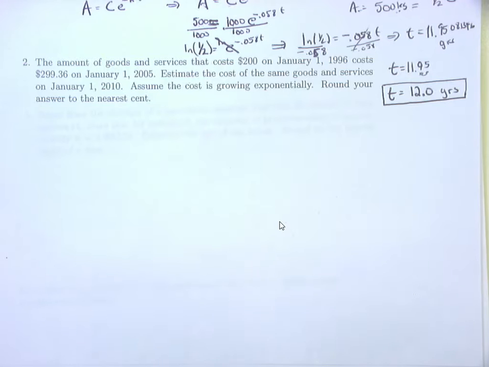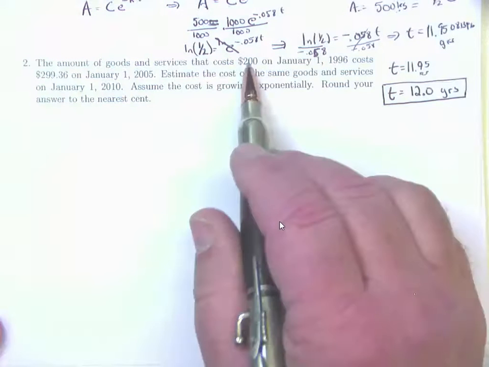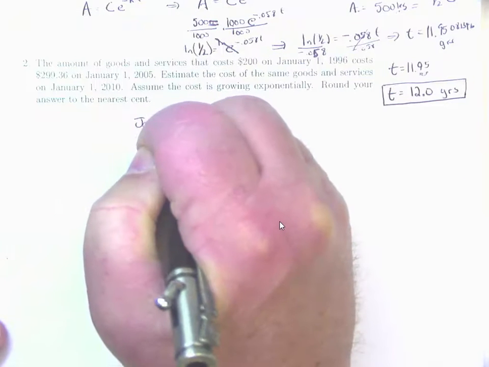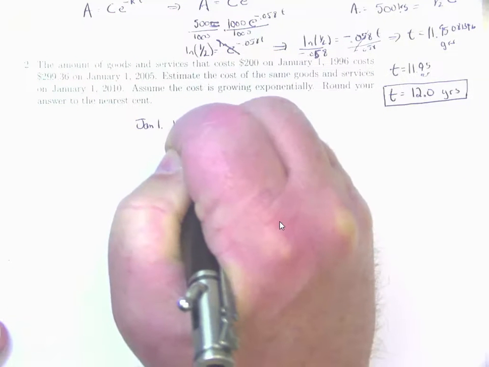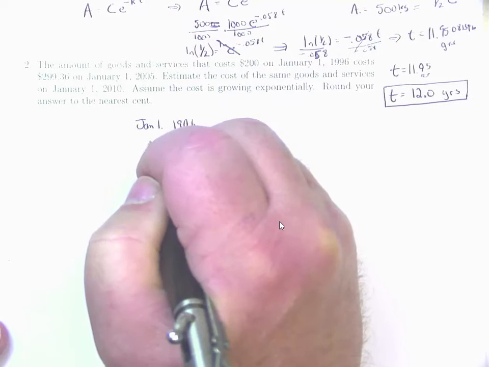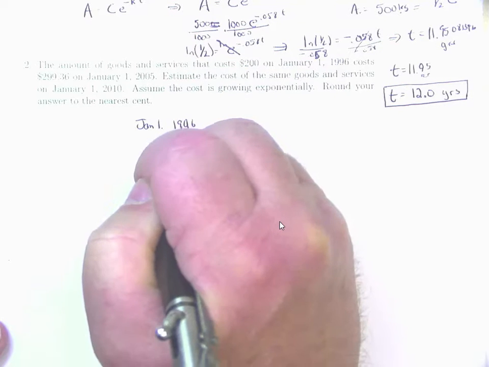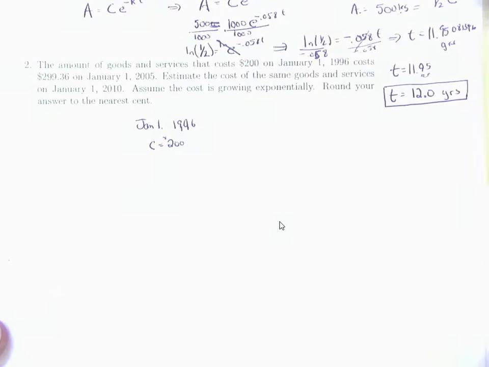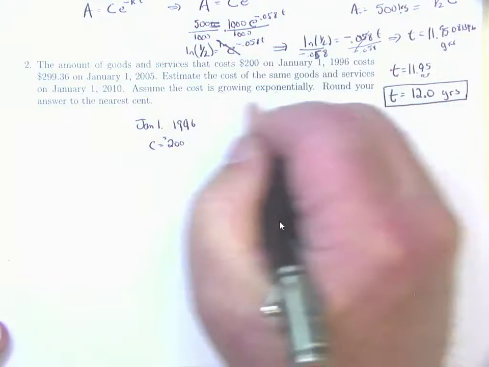So when we're looking at it from our initial amount, this is my C, and we're going to measure this from January 1st, 1996. This would be my initial amount, and the initial amount, my C, would be $200. Does that make sense? And so they said grow exponentially.